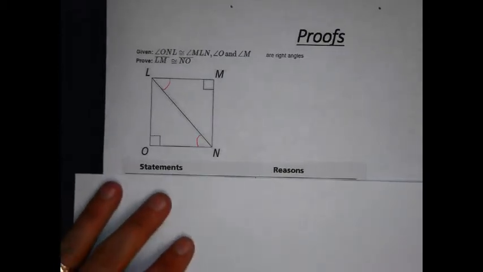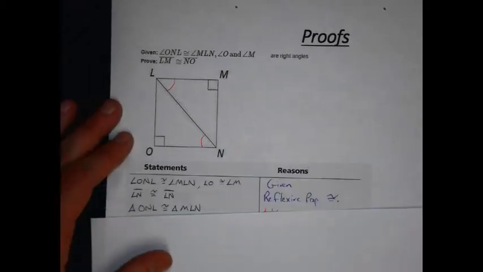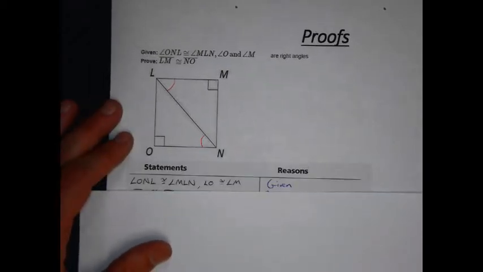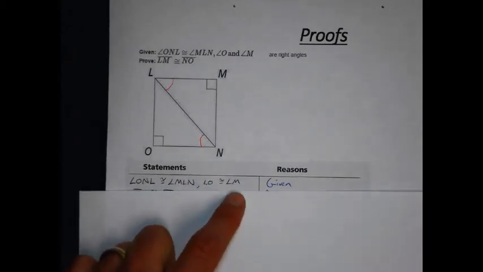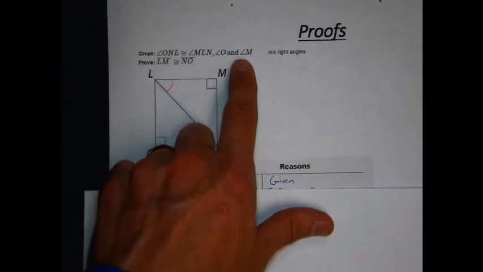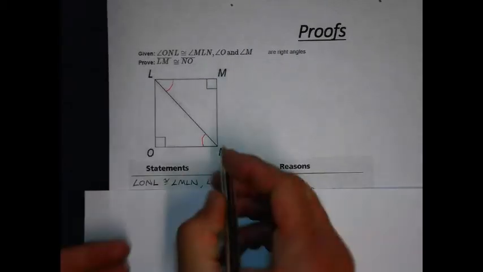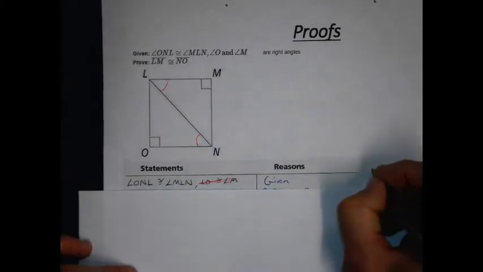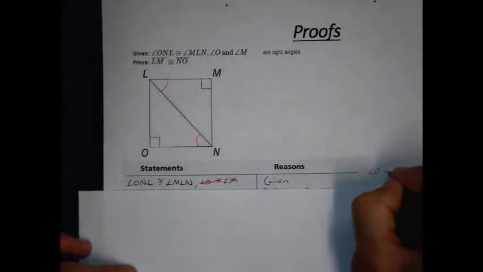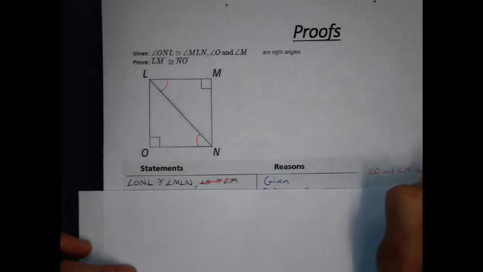Can I throw both givens down? No. Although I did. This is an incorrect proof. I'm glad I wrote that. I can't just up and say this: angle O is congruent to angle M. That wasn't given. So I can't write that there. I have to do a few more things. I have to say angle O and angle M are right angles.